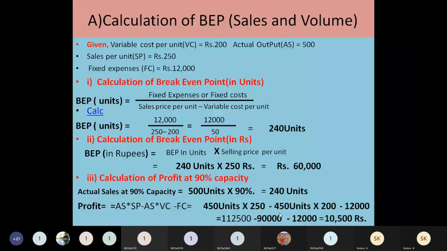The fixed cost, as usual, is given as a total. Use the profit formula, and you will get the profit at that particular capacity. At each and every capacity of sales, you can identify what profit the company is going to earn. This is the new thing we have discussed in this 8th exercise. With that we are going to conclude the break-even analysis.